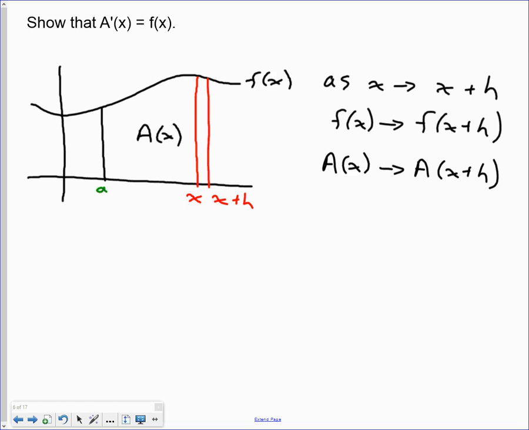So the area that we've added to our area accumulation function is this tiny little red strip in here. Okay. So let's call that thing that we've added delta A. Okay? The change in area.